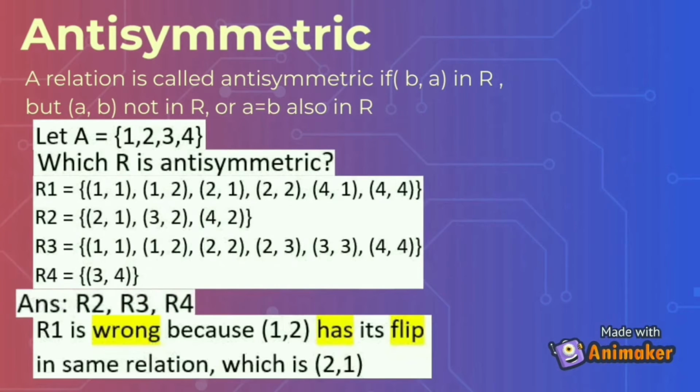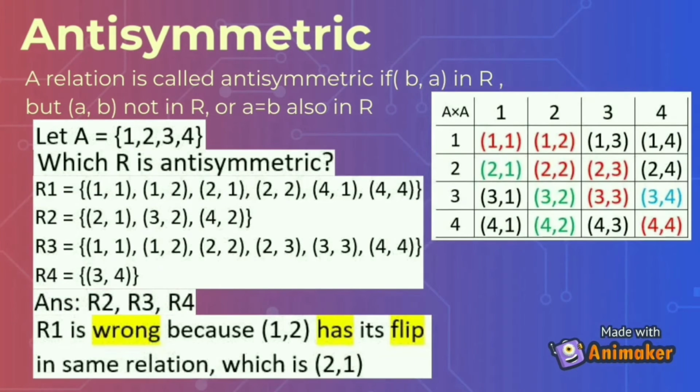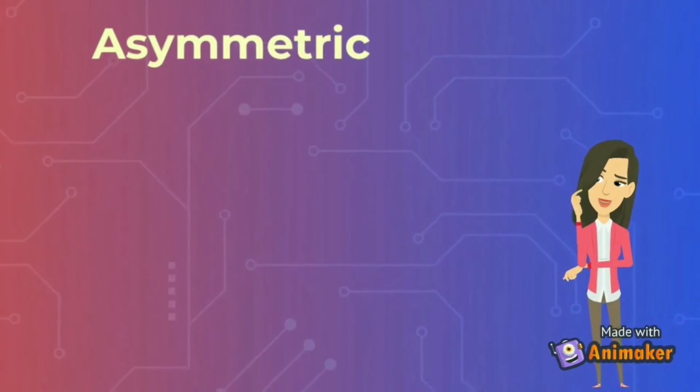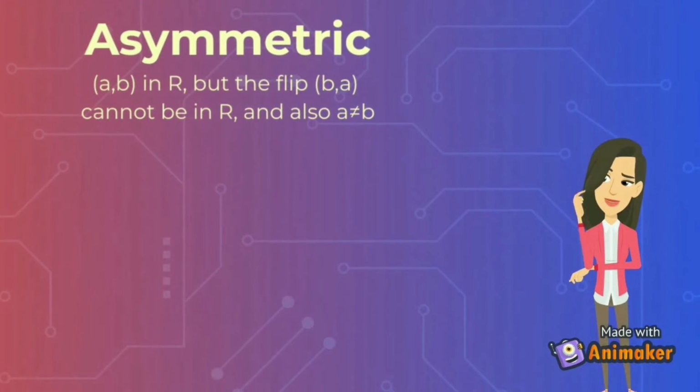For R2, R3, and also R4, they are antisymmetric because there is no flipped pair in the same relation.